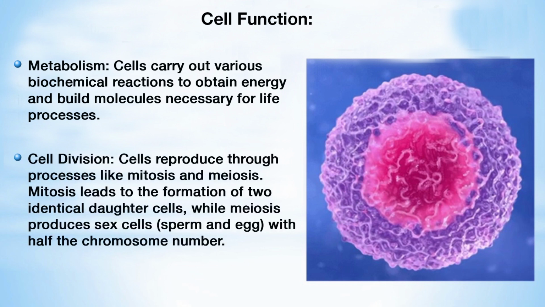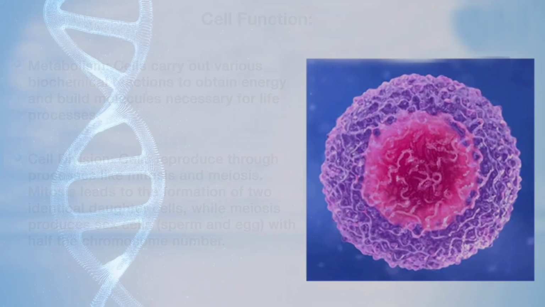Then cell division: the cell reproduces through processes like mitosis and meiosis. Mitosis leads to the formation of two identical daughter cells, whereas meiosis produces sex cells, sperm and egg, with half the chromosome number.